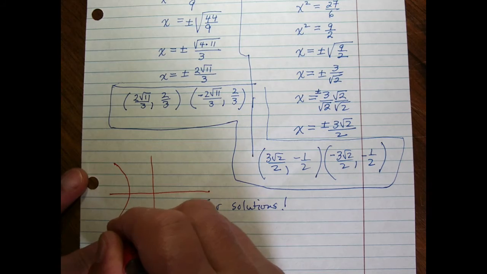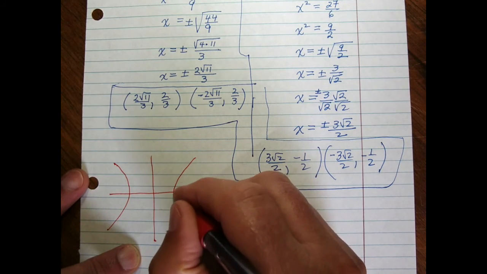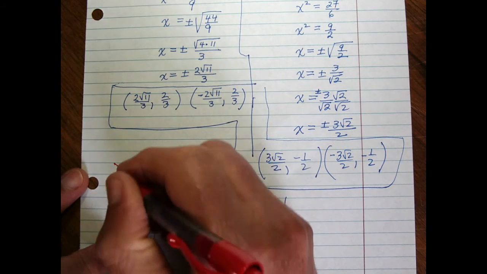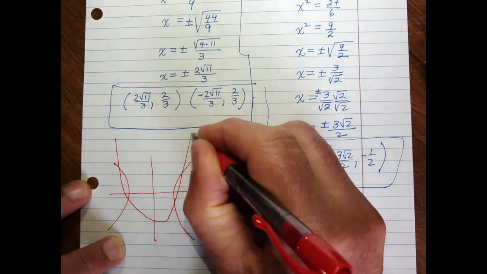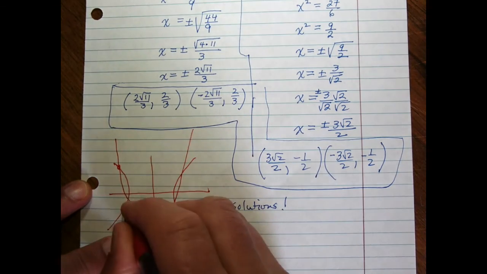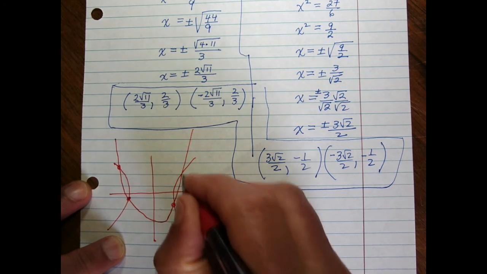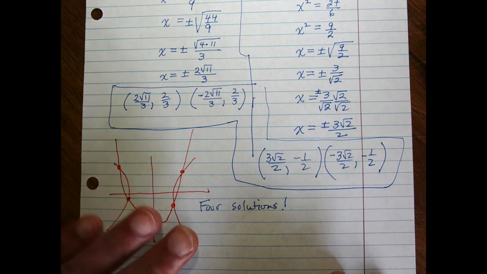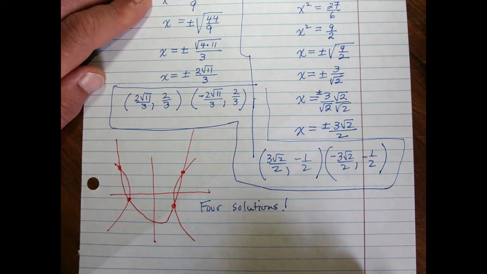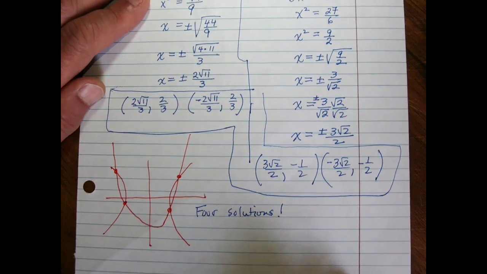You can check to see the intercepts are on the x-axis. And then we have this parabola in the picture. And there are 1, 2, 3, 4 points of intersection. That's what we're finding. Again, you don't need the graph, but that's the graphical interpretation.